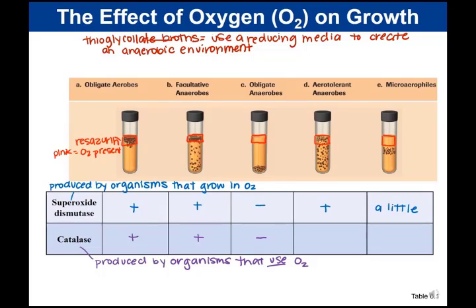So this organism is going to be negative for catalase, but remember it's going to have peroxidase instead. And you might recall that peroxidase is used to neutralize hydrogen peroxide, but it doesn't produce more O2 as a result. It just produces water. So aerotolerant anaerobes will not produce catalase because they don't use O2.